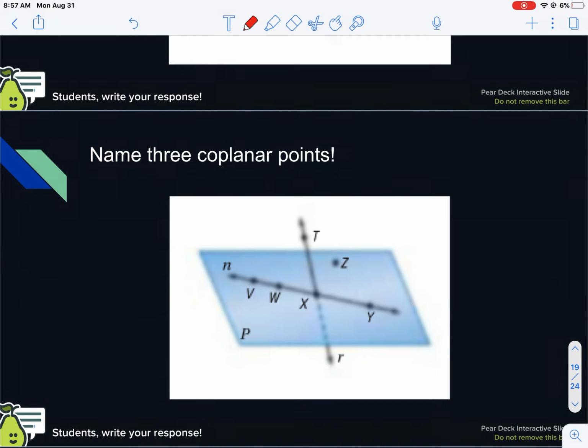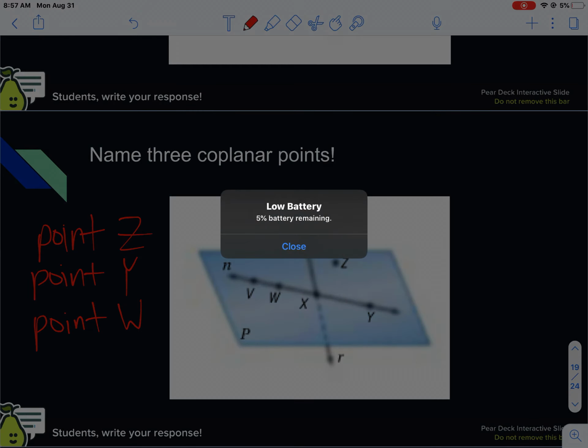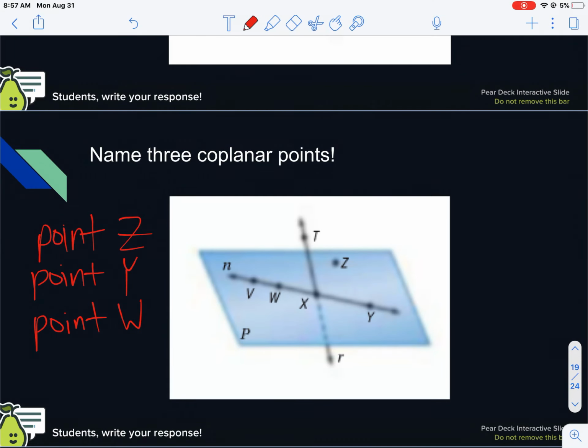Name 3 coplanar points. So, point Z, point Y, point W. Okay?